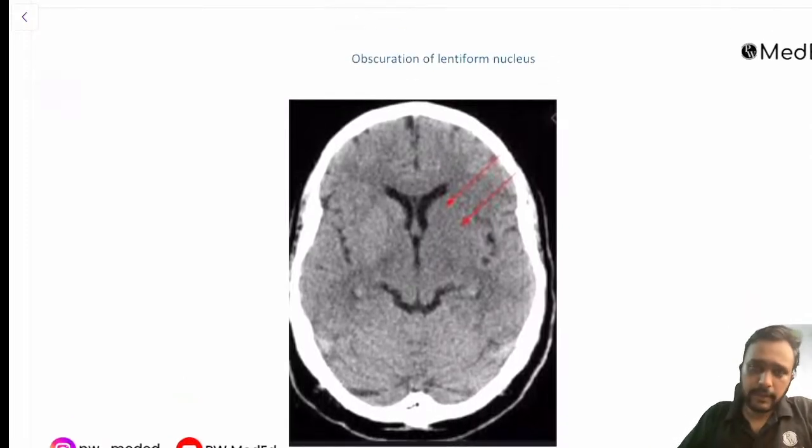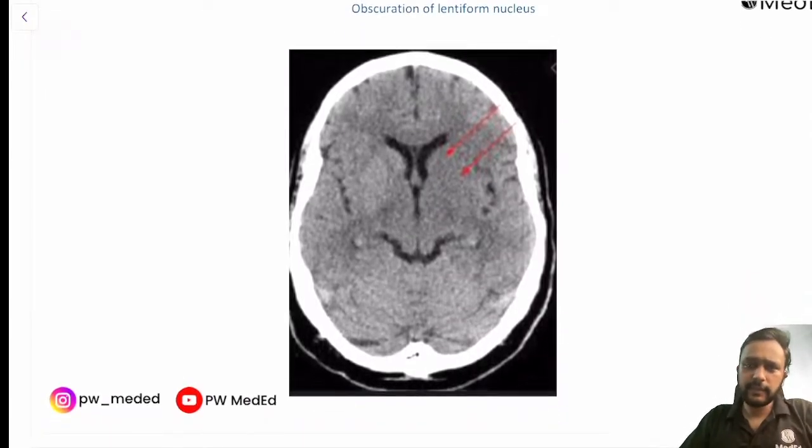right? And in this image, what we can see is that on the right side, this is your lentiform nucleus, this is your caudate nucleus. But on the left side you can see that the caudate nucleus is not visualized, the lentiform nucleus is also not visualized, right?